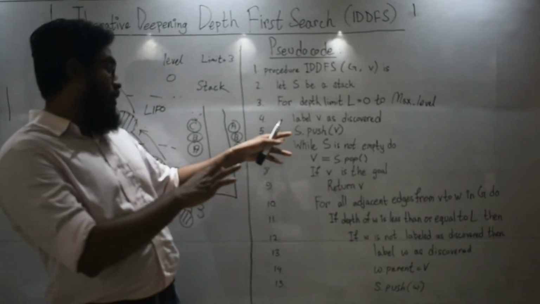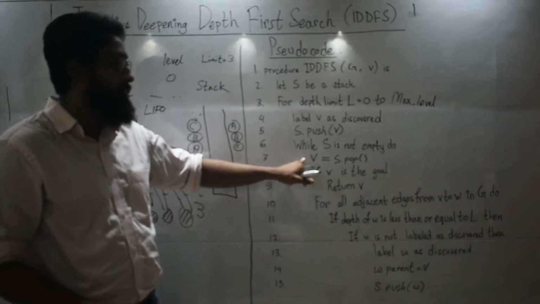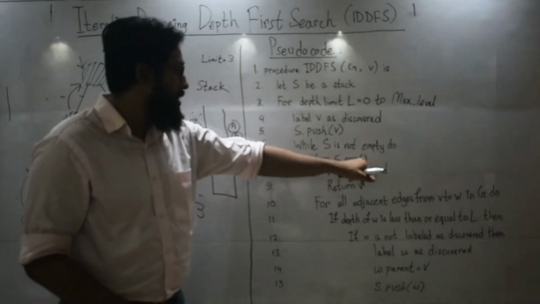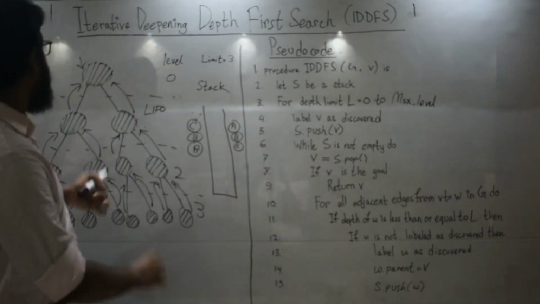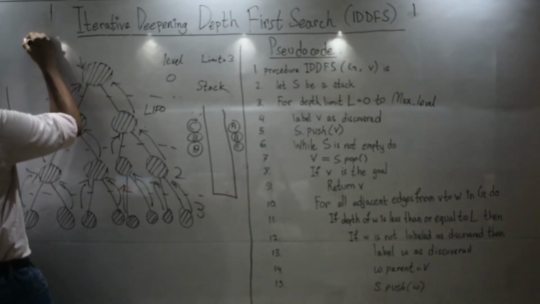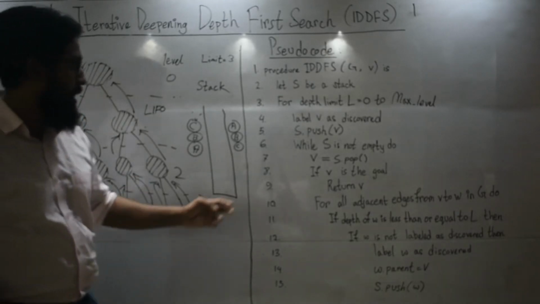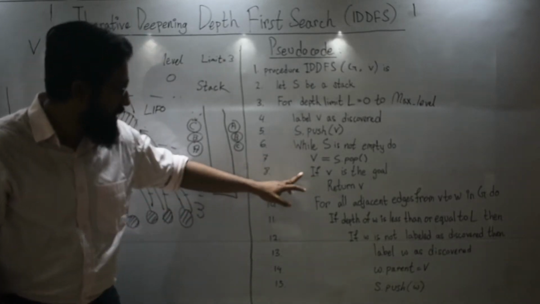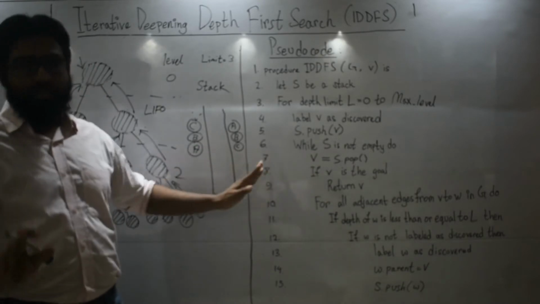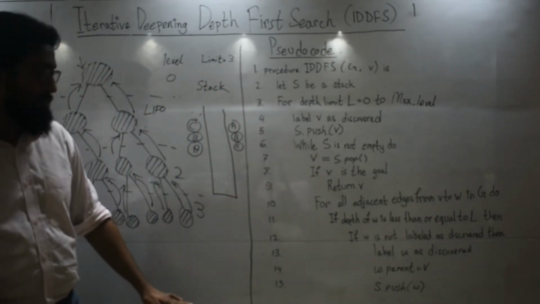Okay. While the stack is not empty, you will perform this. You will pop whatever is on the stack and place it in a variable V. Say as such. Okay. After that, if this is the goal node; for this discussion, let's not have a goal node so that we can traverse the entire graph or tree over here.